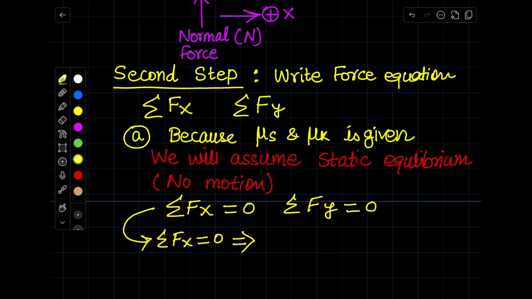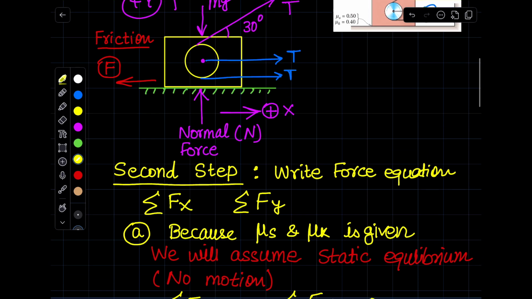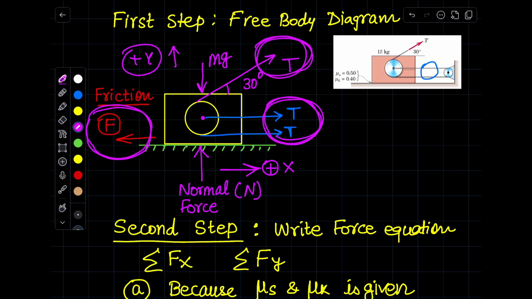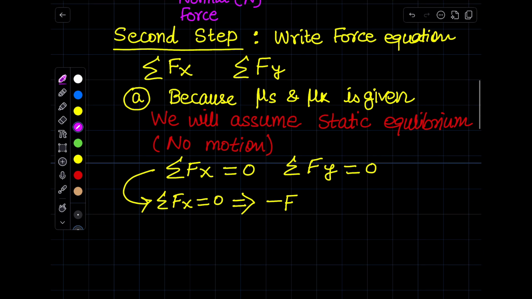We also assume that this is an equilibrium condition, so we will write Fx is equal to 0. In this free body diagram, you can see that the friction force is working in the negative x direction. And there are two T on the right side that are working in the positive x direction, and there is also a T having 30-degree inclination, so we will also use that component.